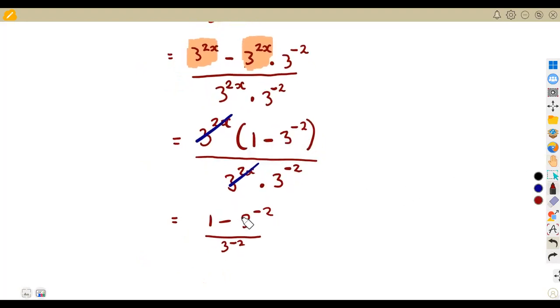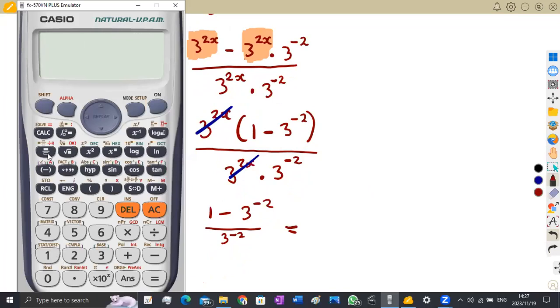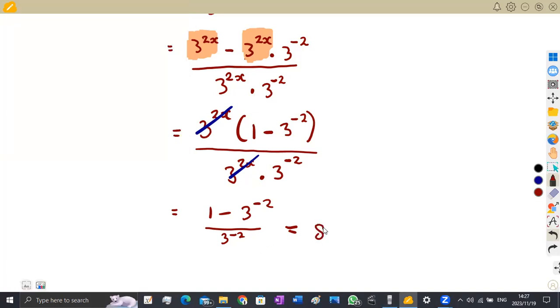If you do not understand at this stage, just plug in your values in the calculator. You are at the last stage where you just need 1 mark to find your answer. So we can simplify, put a fraction, 1 minus 3 to the exponent of negative 2 over 3 to the exponent of negative 2, which is going to give us 8. So this will give you an 8 at the end.